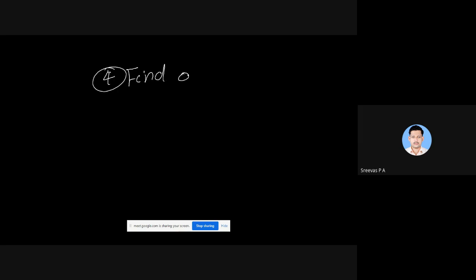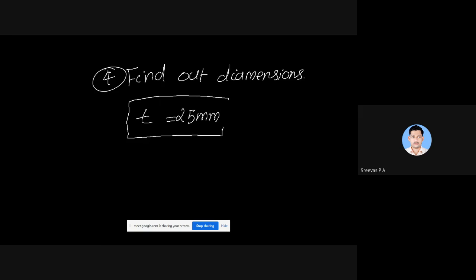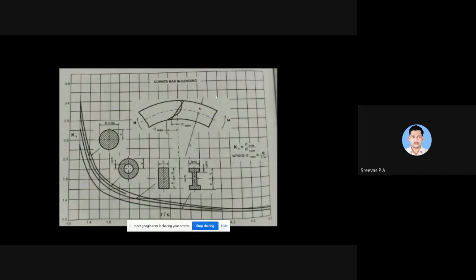If you follow all these steps, you will get the answer. So the final answer I will give you: you have to get T equal to 25 millimeter. A similar problem we have done. Nothing big in it. You can attempt.